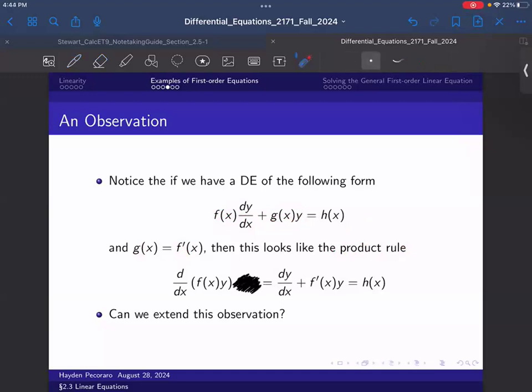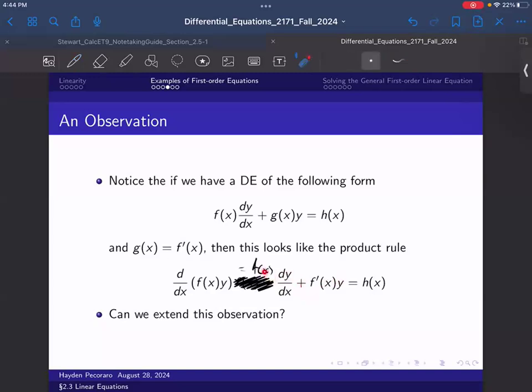Oh, I see what happened. My bad. This was supposed to be equals f of x dy dx. Okay. Yes, it looks like the product rule.